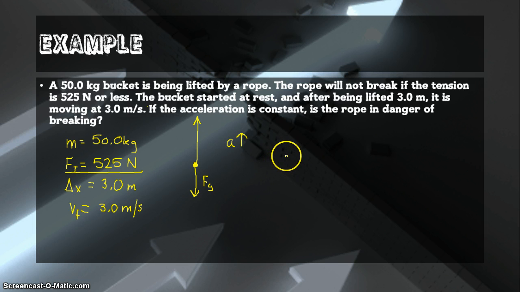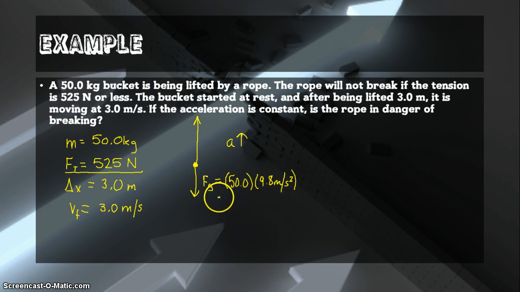So we know that the force of gravity can be found by taking the mass of the object, which is 50, times the acceleration due to gravity, which is 9.8 meters per second squared, or g.